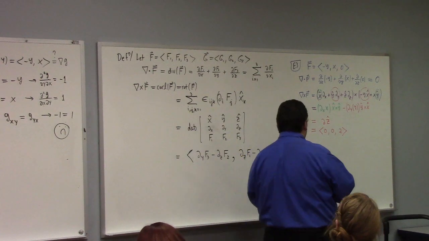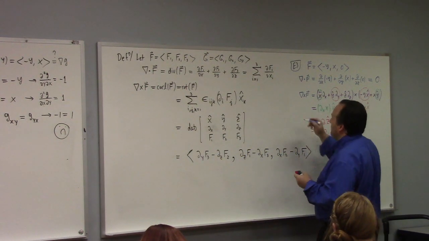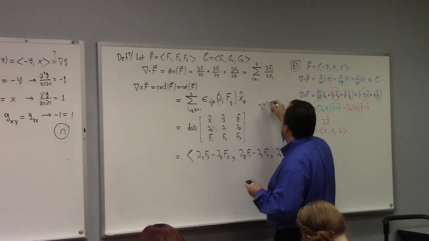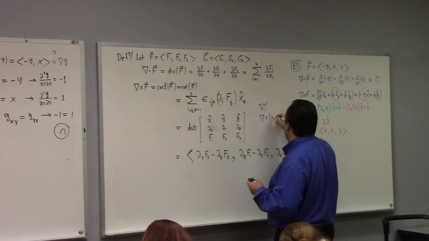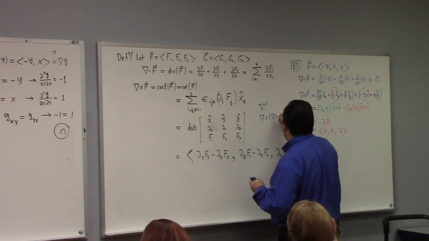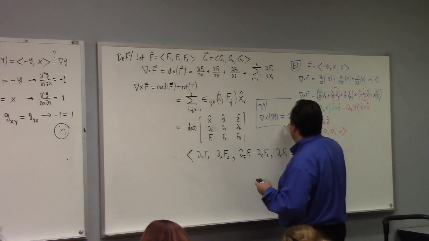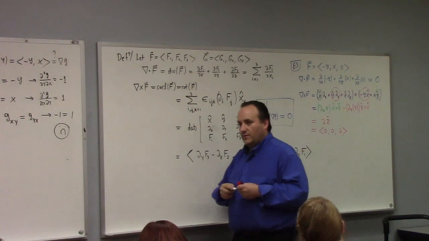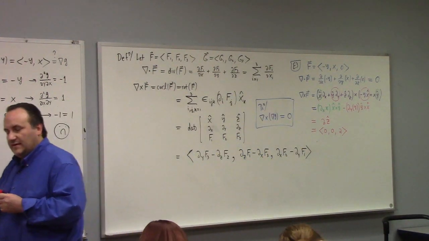Here's a theorem we'll prove in due time. Theorem: if you have the curl of a gradient of a function, let me say g here, you get 0. The curl of a gradient is 0. So what does that mean?